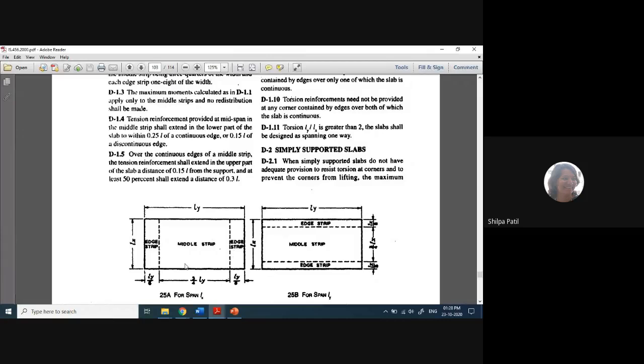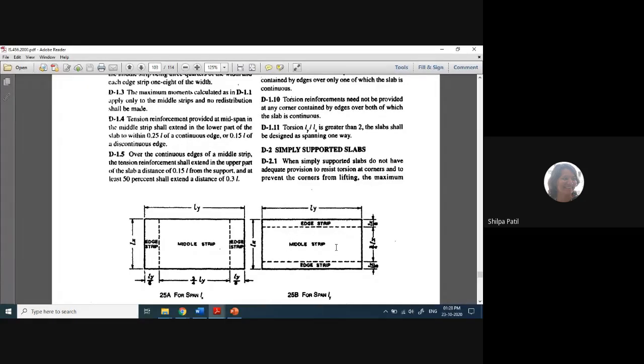Okay, so how is it divided? If this is the Lx and Ly direction, the middle strip is 3/4 of Ly, so this is the middle strip value, and this is the edge strip, Ly by 8. Okay, this is along the Y direction. Similarly, along the X direction, this edge will be Lx by 8 and the middle strip will be 3/4 of Lx. So actually for this middle portion only we are designing the reinforcement.